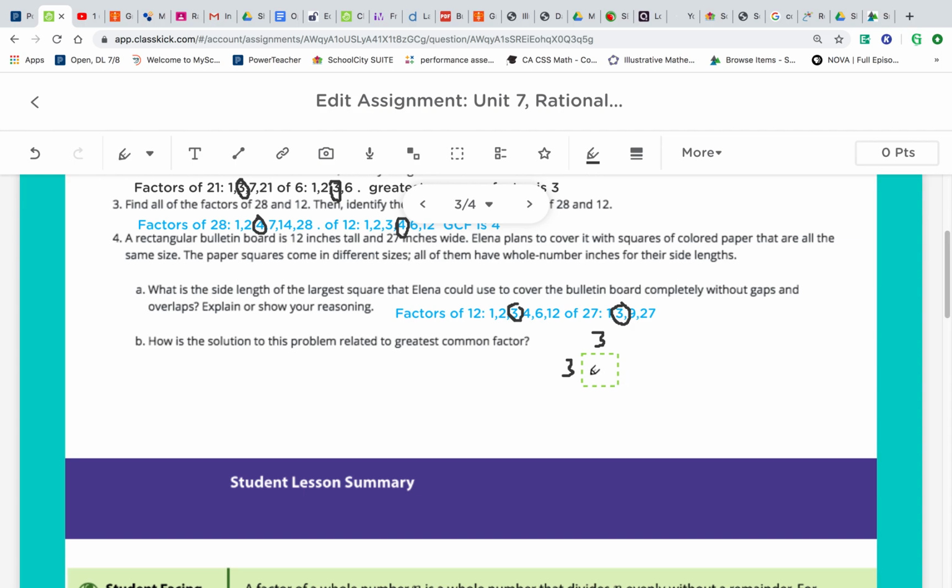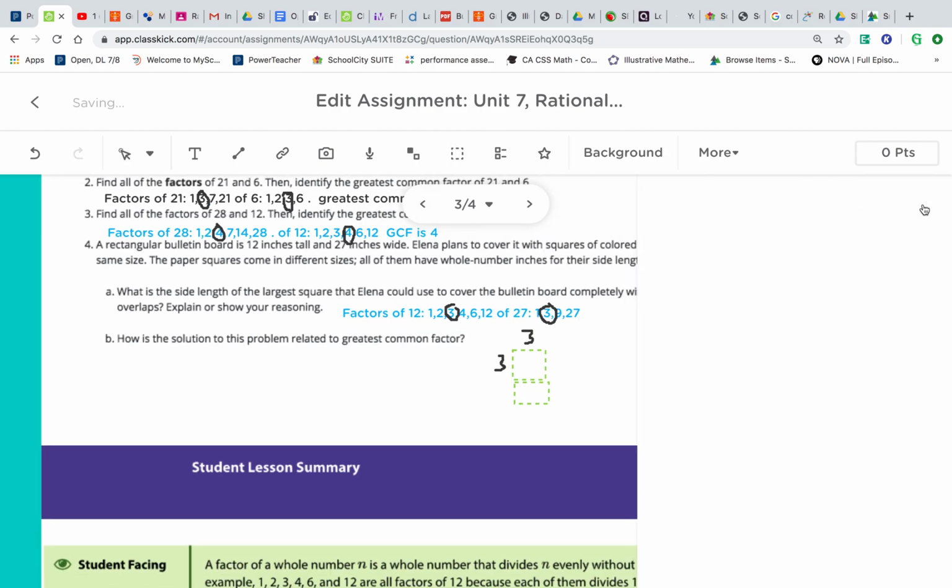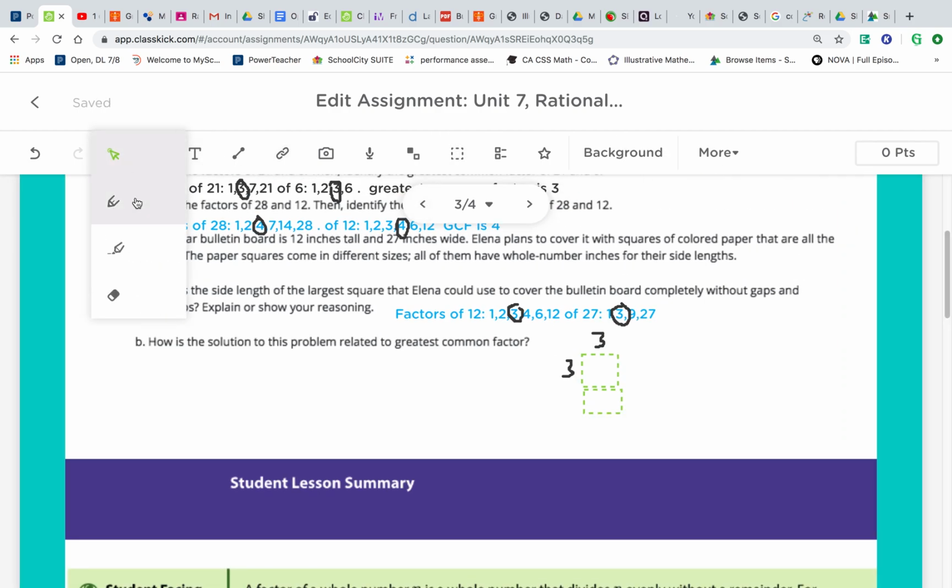If you think about it, lengthwise or height-wise, you would have to have 4 of these, right? Each of them would be 3, so if you have 3 and 3 and 3 and 3, that would be the 12 inches of height.